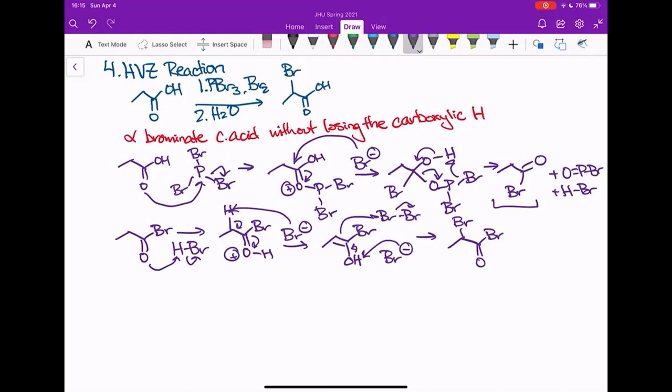And then now from here on out, we're trying to return back to our carboxylic acid because the entire point of having the HVZ reaction is to preserve that carboxylic acid. So from here, we've alpha brominated, but we want to get that acid back. So you're going to go ahead and enter with your water. So you'll go ahead and protonate your carbonyl.